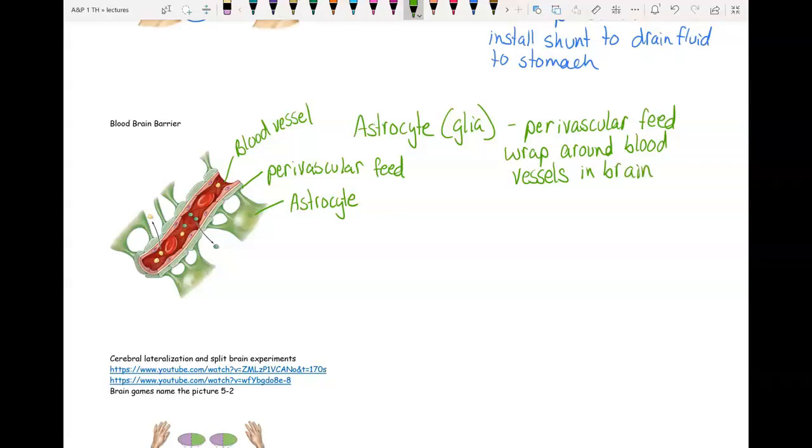Any substance in the blood that wants to go into the brain has to be allowed through by these astrocytes. So they act like a bouncer. So they are what allow substances in the blood to enter the brain.